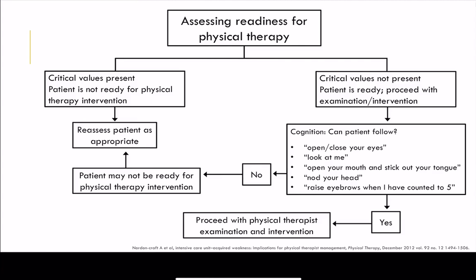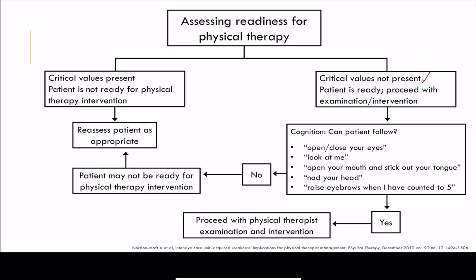And this is a decision-making algorithm tree to help you make this decision. Basically, if these critical values that were on the previous slide are not present, so they're not on undue supportive oxygen, their cardiovascular parameters are within a stable range, the patient is ready and you want to proceed with the following questions, and that is their cognition status.